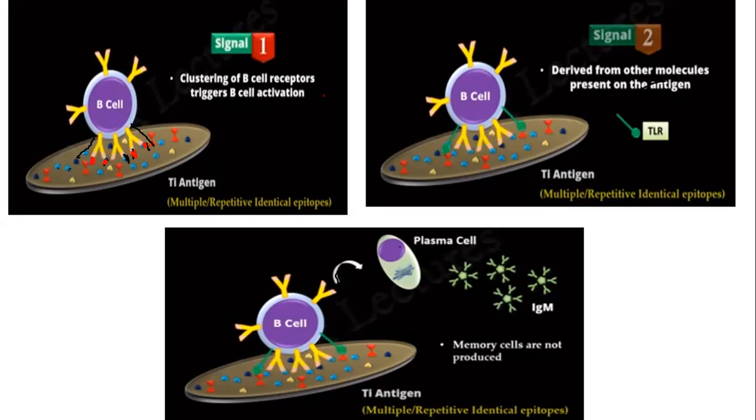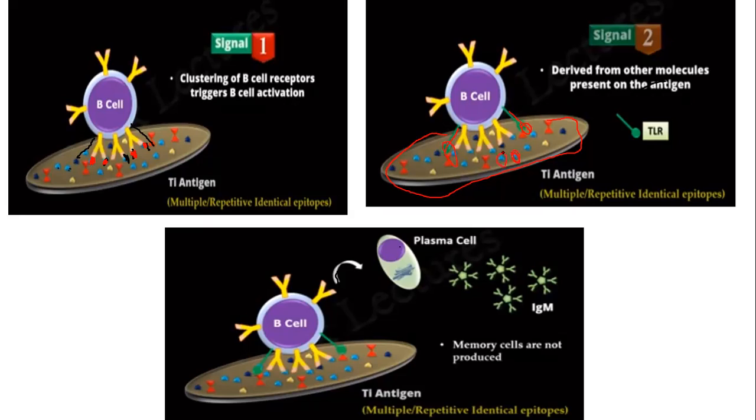The first signal is conducted by the B cell receptors, which are here, and the second signal is conducted by the toll-like receptors. So these are the toll-like receptors which bind to the surface of the antigen. This is the complete antigen, and these are the epitopes.